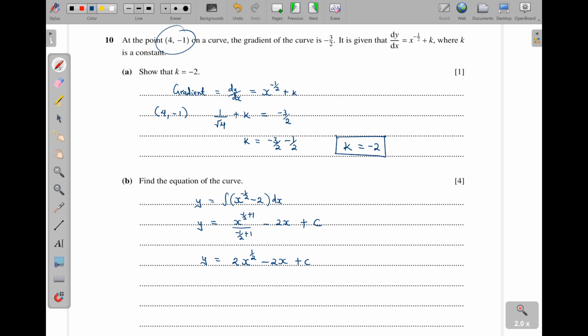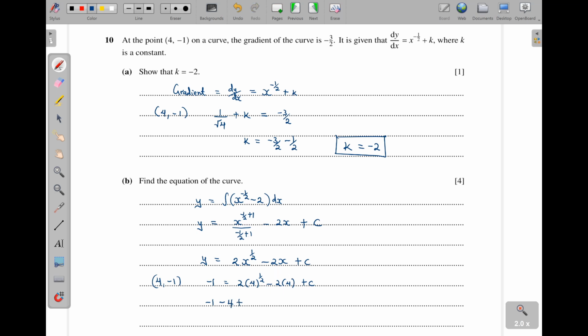Since this point is on the curve (4, -1), then our y is -1 and x is 4. Then minus 2 times 4 plus c. Then we shall have -1. First of all, the square root of 4 is 2, times 2, that gives us a 4. And then here, this is -8.